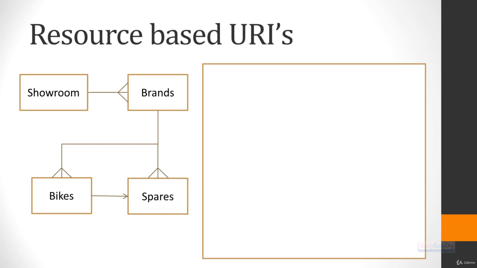Now let us try to understand how we can create resource based URIs. For example, we wish to list down all the brands which are available inside this specific showroom. So we will give the URI as /brands. Likewise, if we wish to get information of a specific brand, then we can specify the URI as brands/Bajaj, for example. Likewise, we can get information of all the bikes.